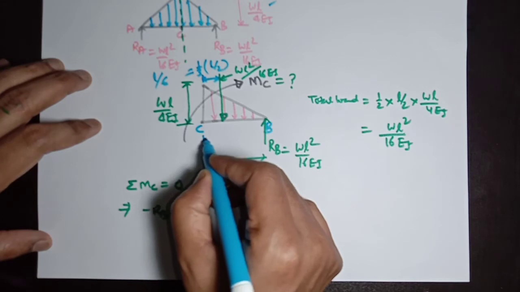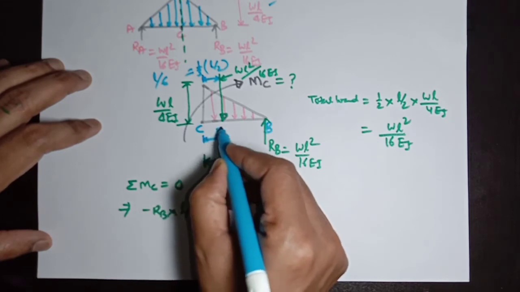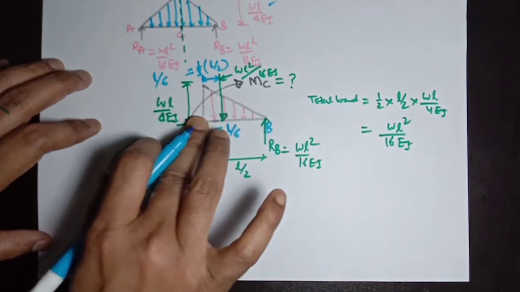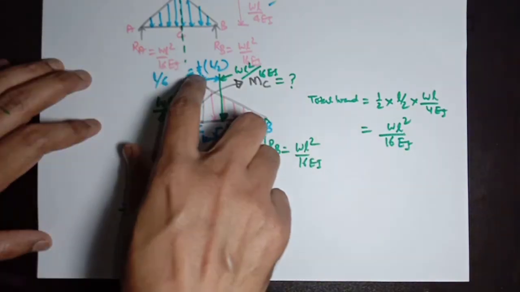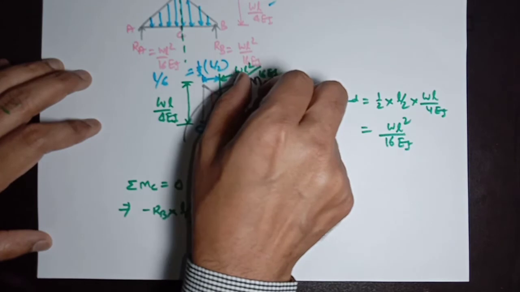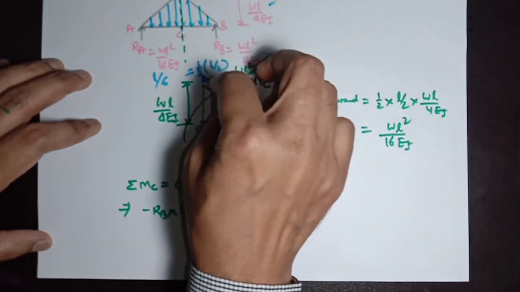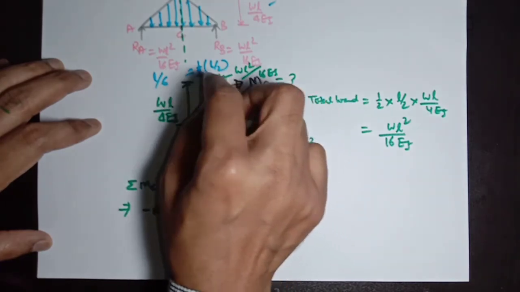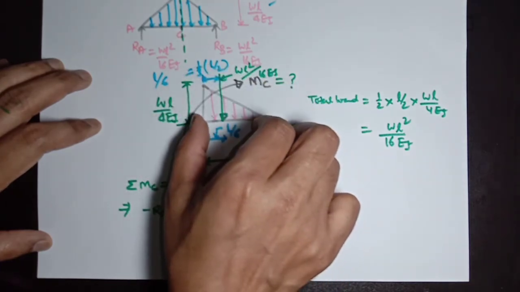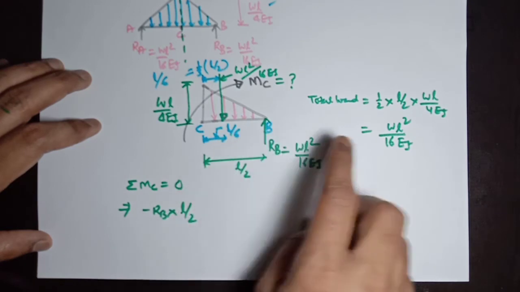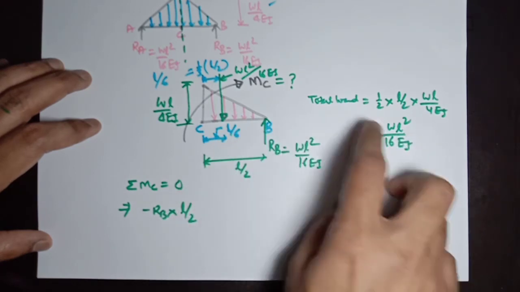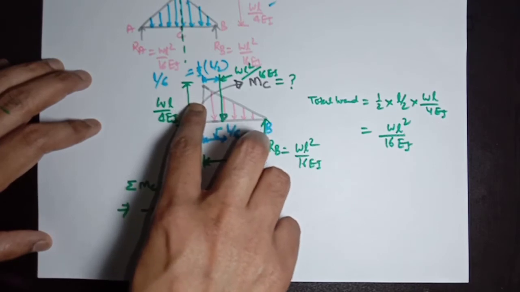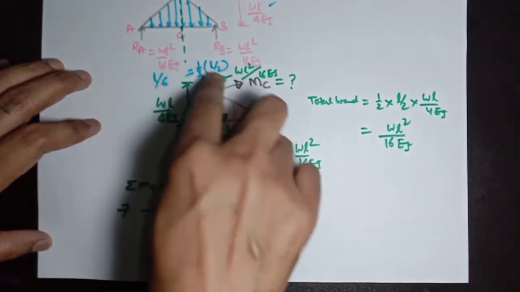The total load will be acting at a distance of L by 6 from point C, 1/3 of L by 2. Total load multiplying with this centroid distance of this loading will give a moment which will be in clockwise direction.